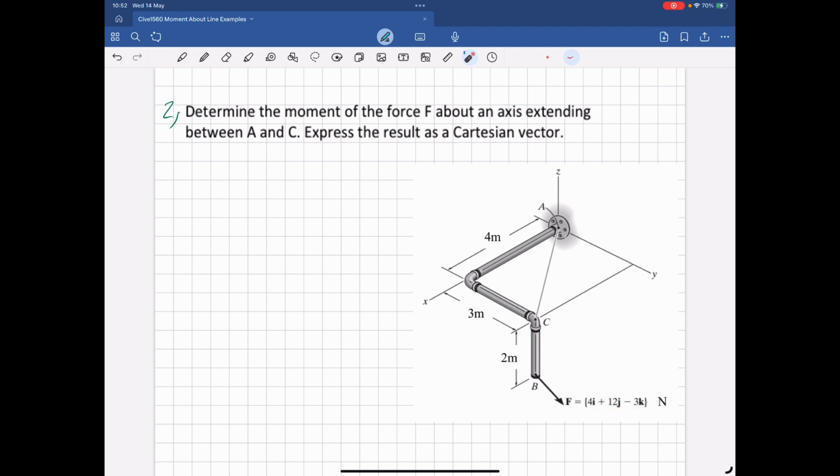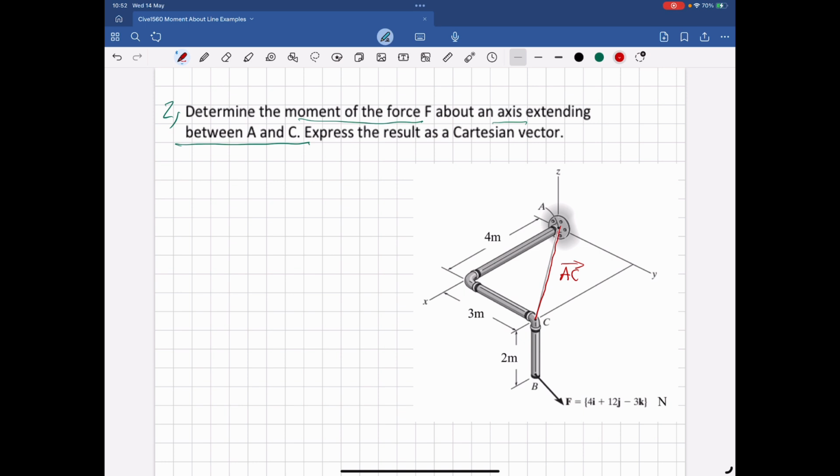But this time it asks what is the moment of the force about an axis between A and C. So that's drawn on the diagram, A and C. We're going to be labelling that line AC.